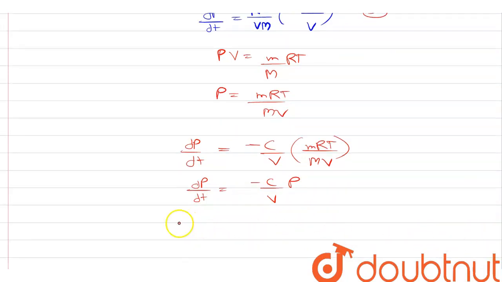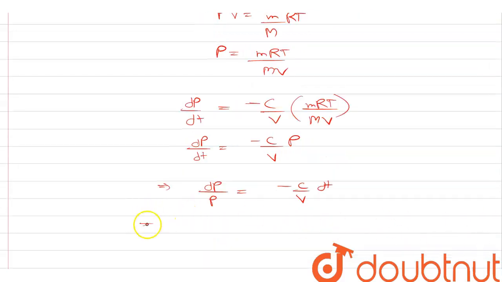Now all that is left is to solve this differential equation. dP by P is equal to minus C by V dt. And in the question it is mentioned that the initial pressure is P naught.